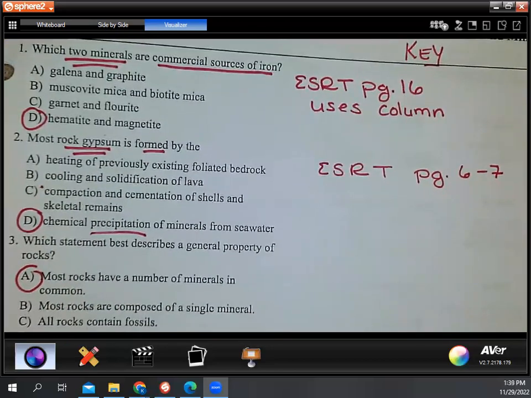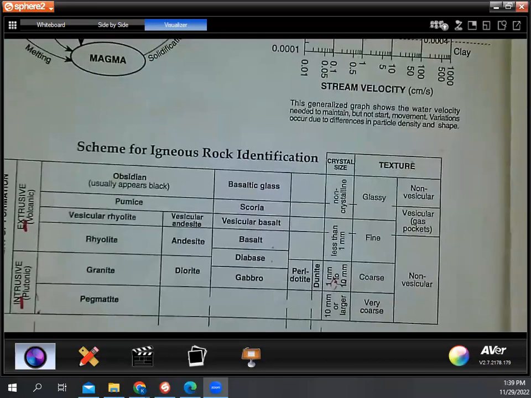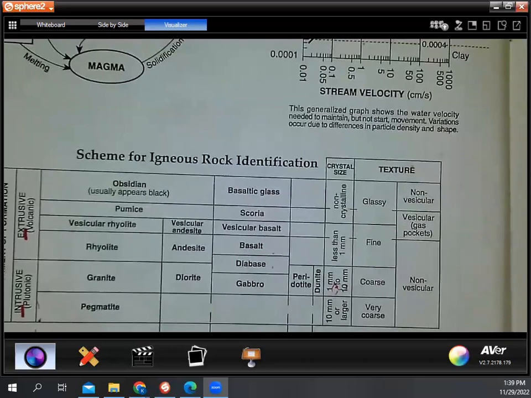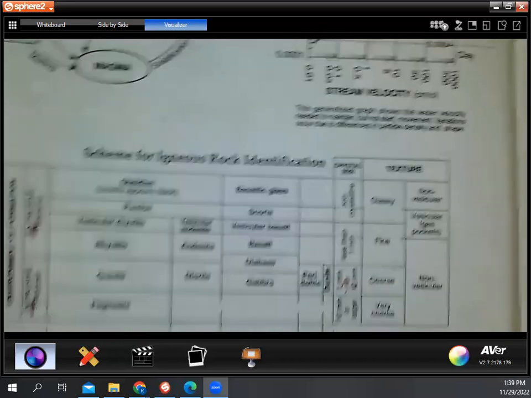Question 2, most rock gypsum is formed by the... So we're going to turn to the pages that deal with rocks in your Earth Science reference table. That's pages 6 and 7. If you're not sure where to find rock gypsum on which table, you could go through and look at each rock until you find the name rock gypsum.